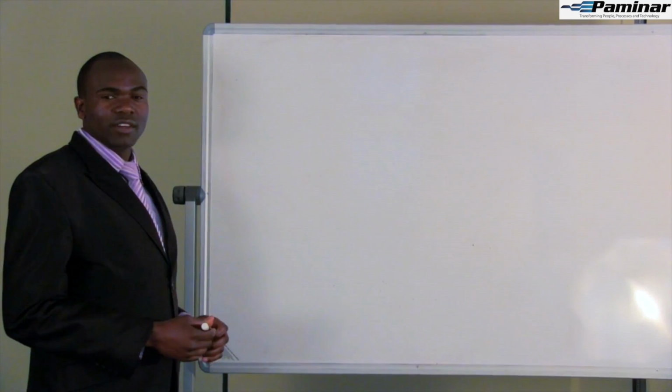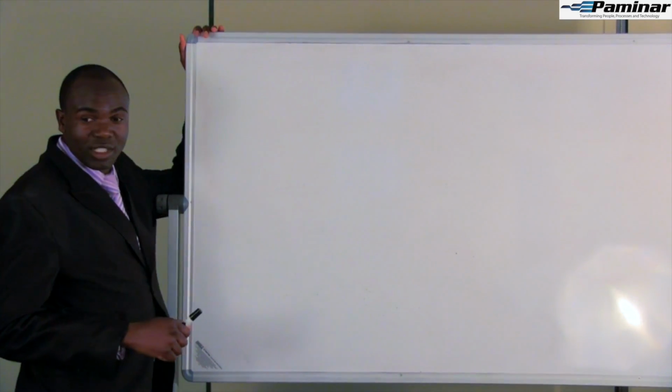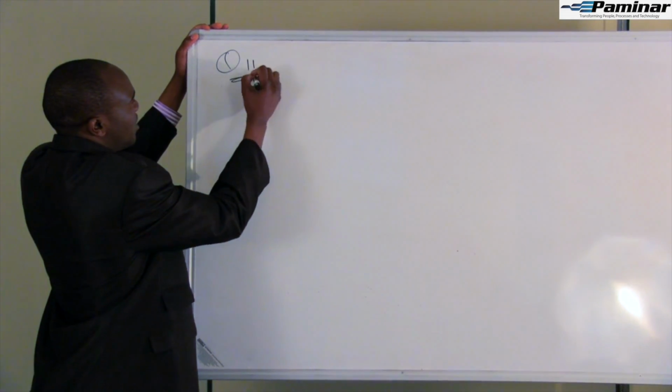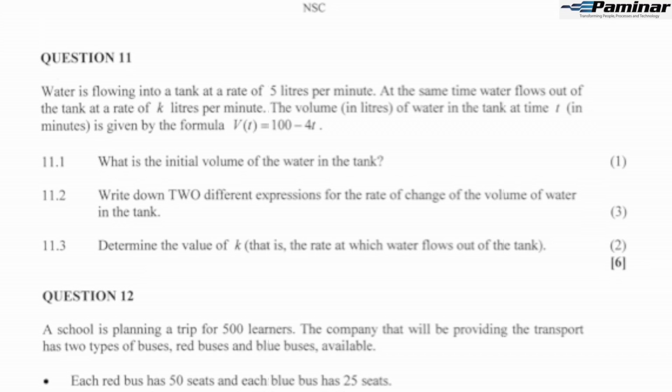Question 11. Now here comes the most simple question, a common sense question. It says water is flowing into a tank at a rate of 5 liters per minute. At the same time, water flows out of the tank at a rate of k liters per minute.